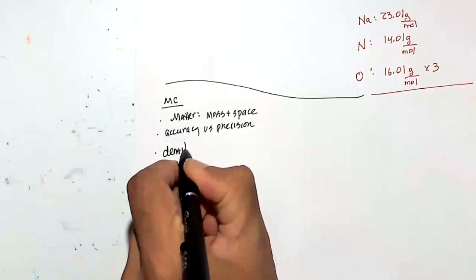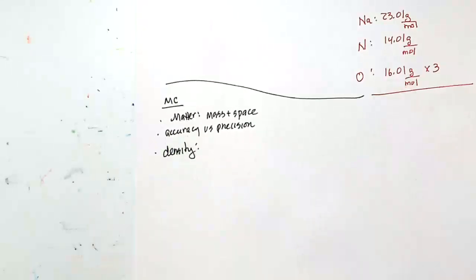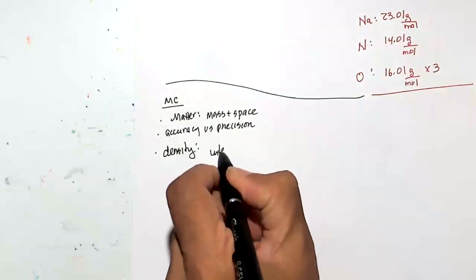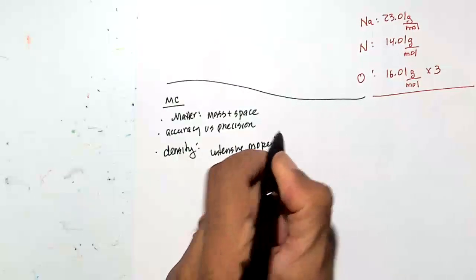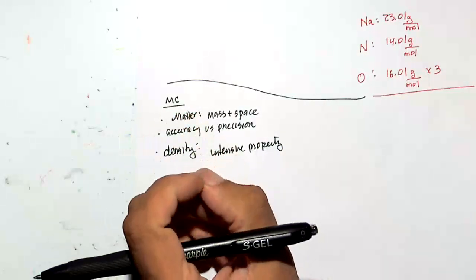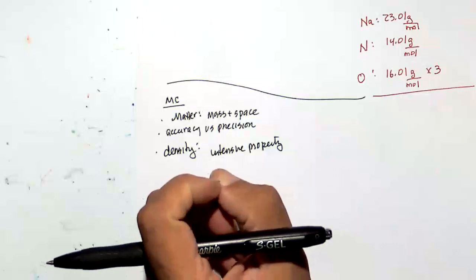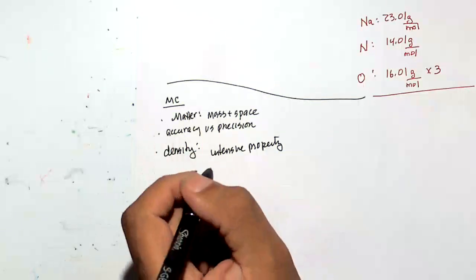So density. What type of property is density? Is it an intensive property or an extensive property? And what's the difference? What is an intensive property? Right, it does not depend on the amount.